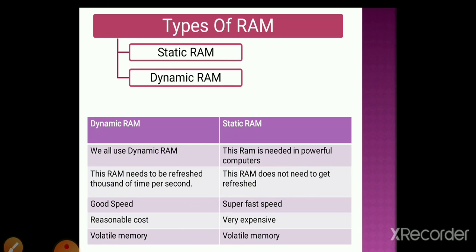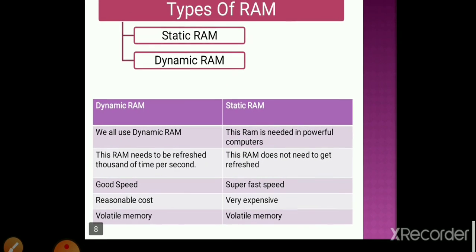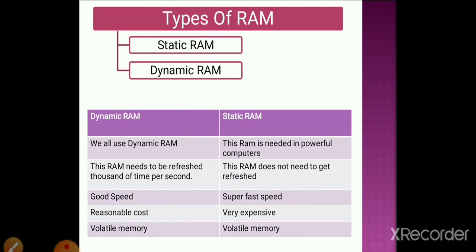So now we discuss that there are two types of RAM. The first one is static RAM, the second one is dynamic RAM. We all use dynamic RAM, and static RAM is needed only in powerful computers. Dynamic RAM needs to be refreshed thousands of times per second, and the static RAM does not need to be refreshed.